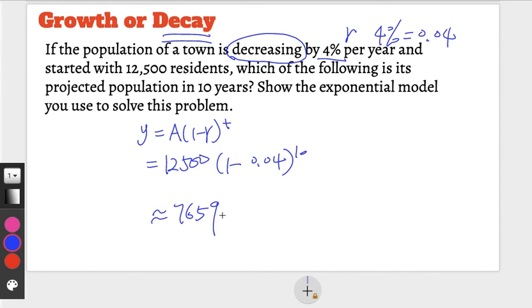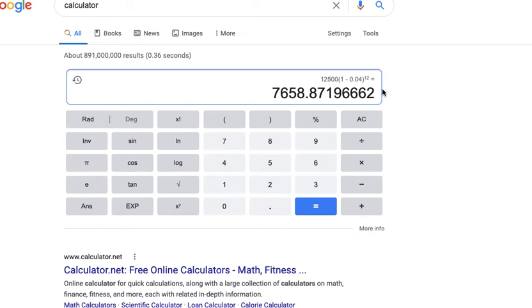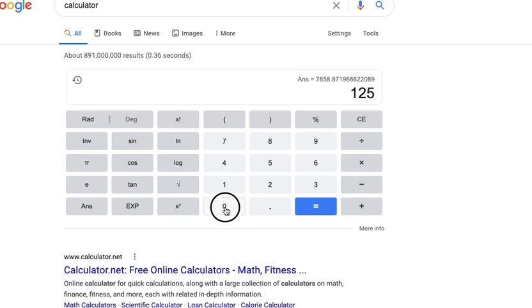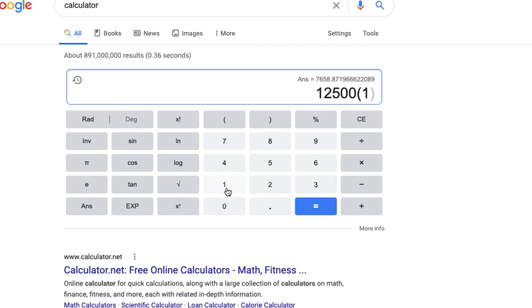Okay, so this is actually the population after 12 years. Oh, I think I made a mistake. It's actually 10 years. So let's rewrite it. Again, you don't need to break it down. You can just type everything here.